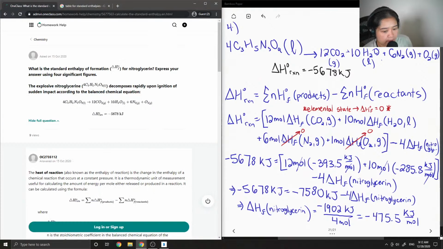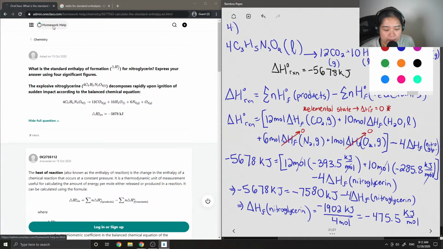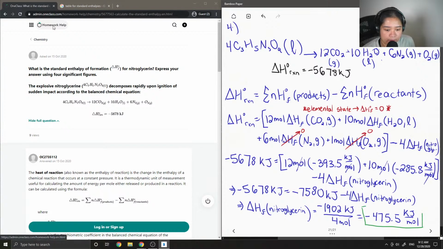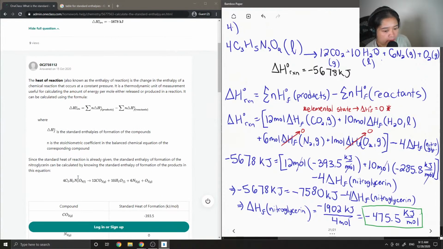Okay, so let's see what the junior tutor said. And I'll box in my final answer because it looks pretty overwhelming. So the heat of reaction, also known as the enthalpy of reaction, is the change in the enthalpy of a chemical reaction that occurs at a constant pressure.